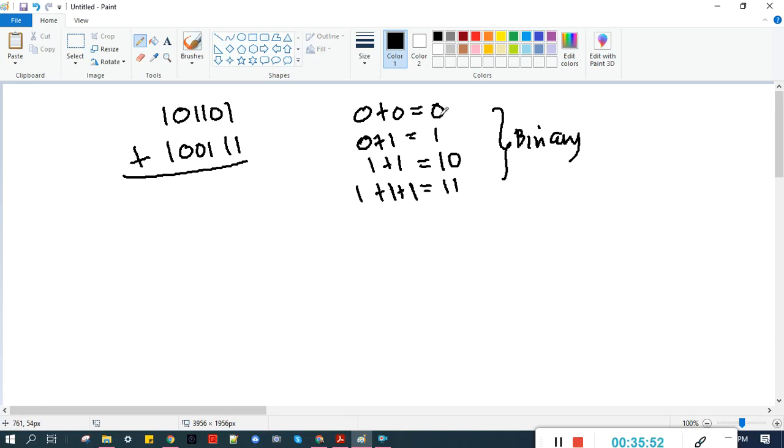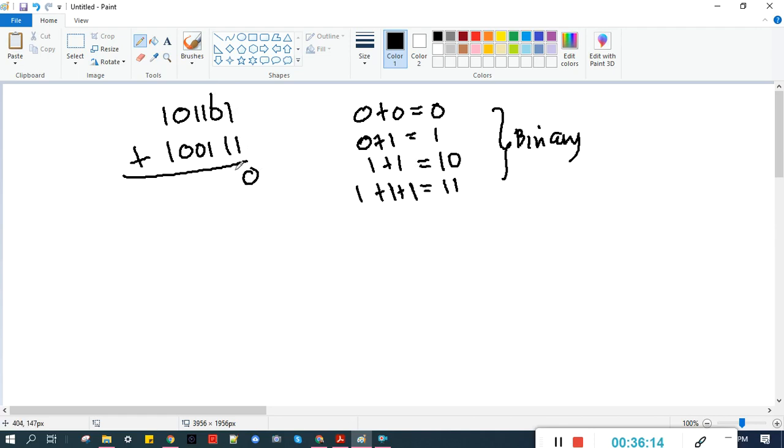So we already know the addition in binary for single digits. Let's add these numbers. So 1 plus 1, this is 10. So 0 carry 1.